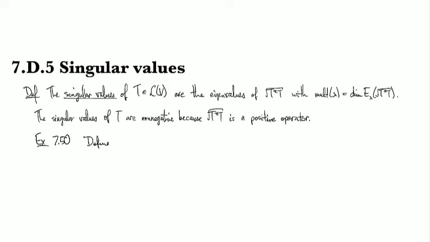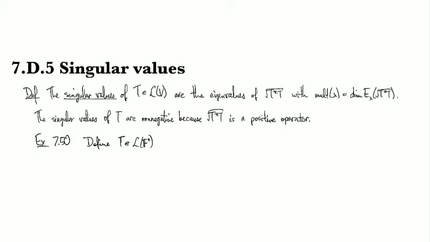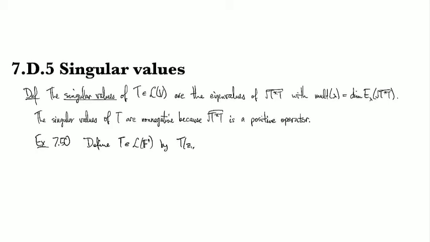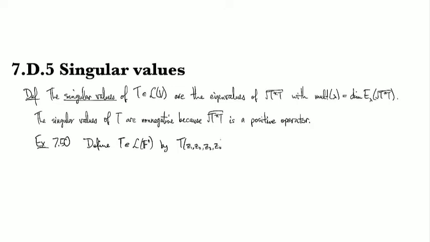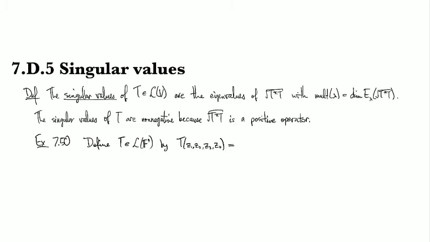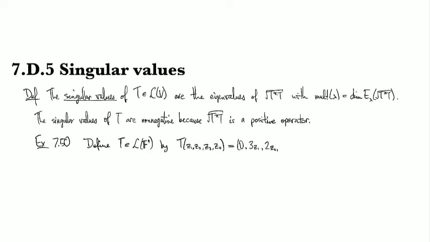If we define an operator on F^4 as follows, let's take T of (Z1, Z2, Z3, Z4) and define it to map this to (0, 3Z1, 2Z2, -3Z4).